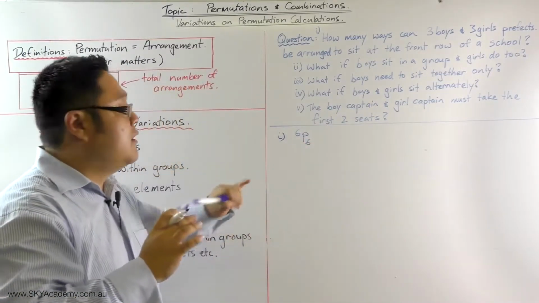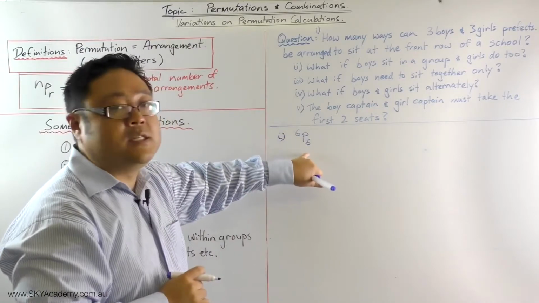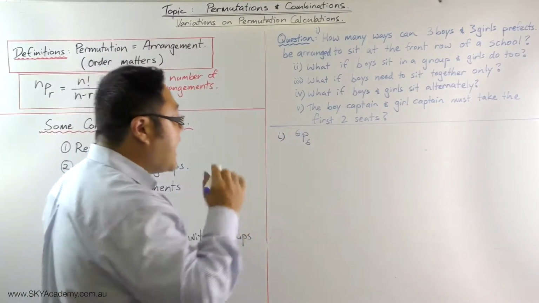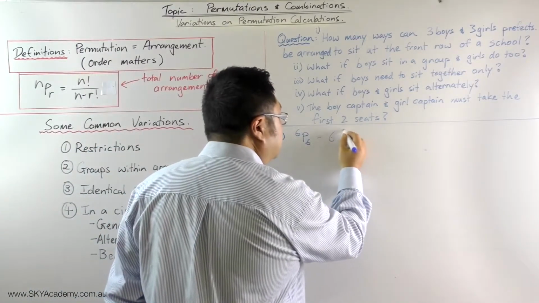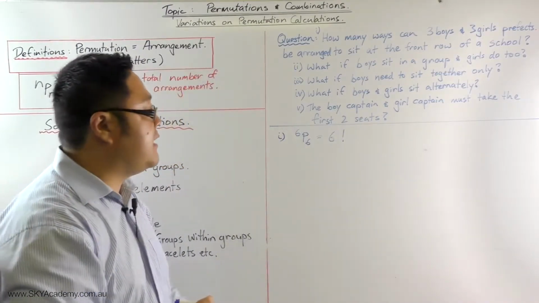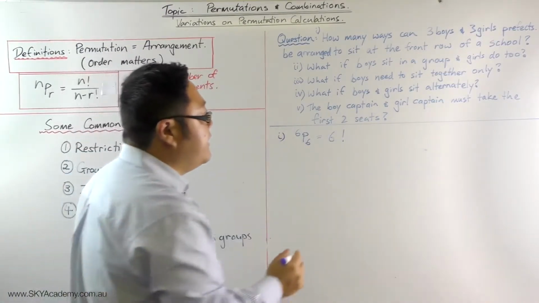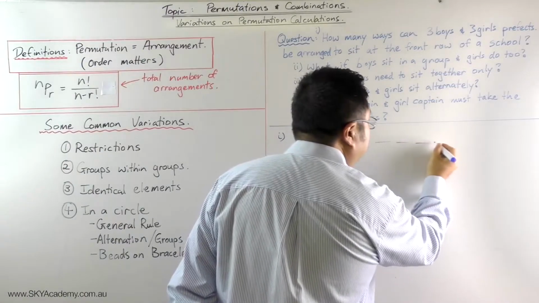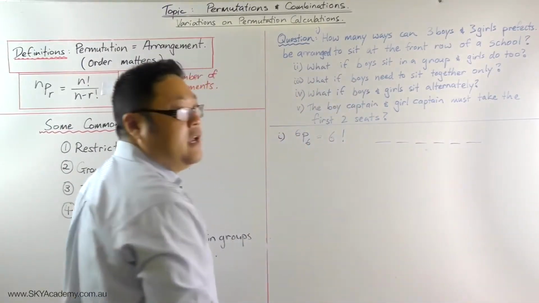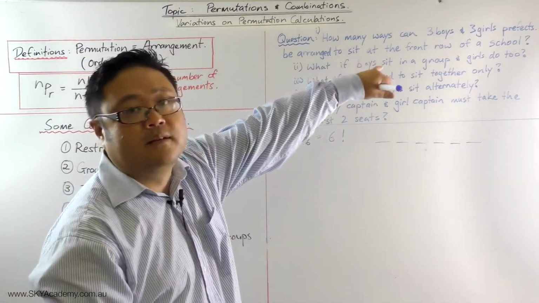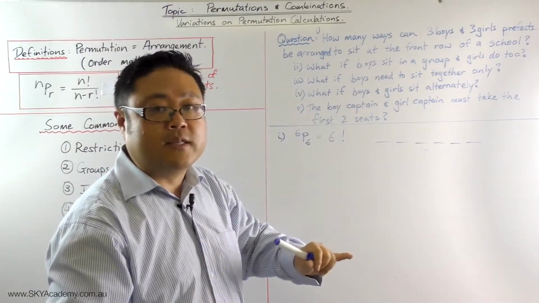Now, 6 choose 6 is actually 6 factorial. They're actually the same thing, right? The reason is that you have 6 seats, and you also have 6 prefects. Ignore the fact that they're boys and girls at this stage.